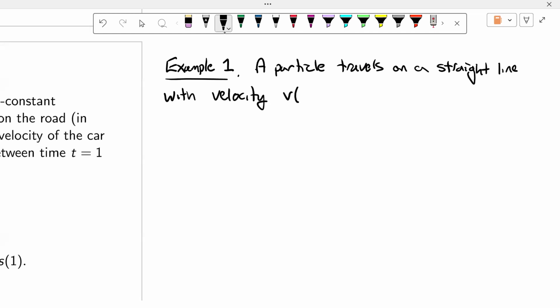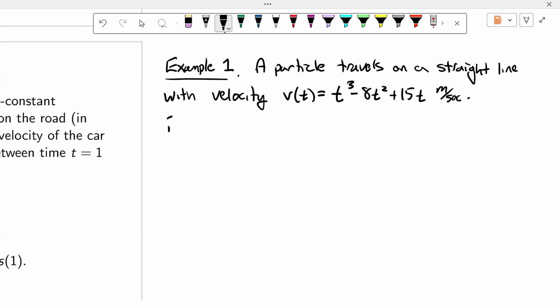Its velocity is given by this function v of t, and it's going to be t cubed minus 8t squared plus 15t meters per second. So we're told something about how fast the particle is traveling at time t. And t is in seconds, the distance is in meters, and so the velocity is in meters per second.